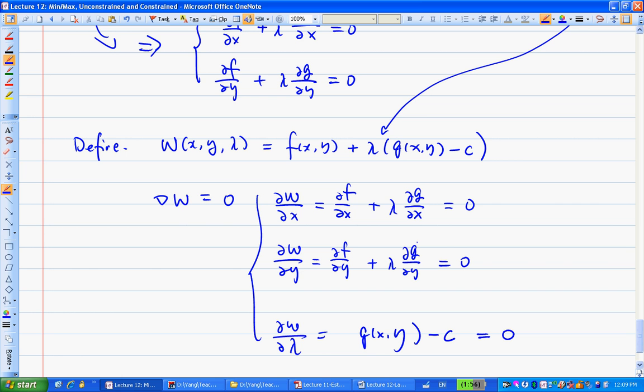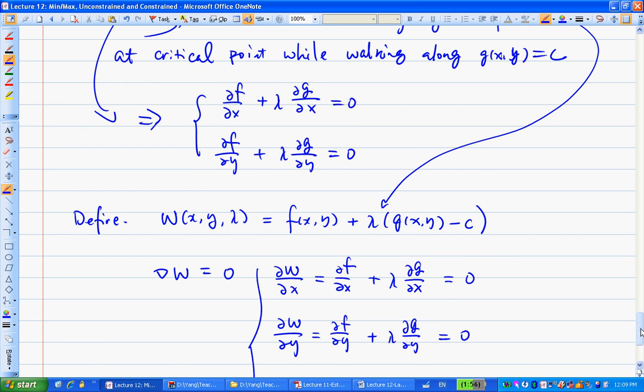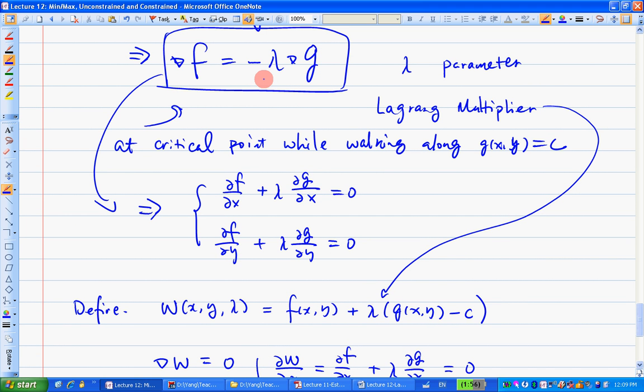Now you can see, based on the results, what does that tell us? The last one is basically our constraint, right? And the first two are what I just showed here, from this condition we found.